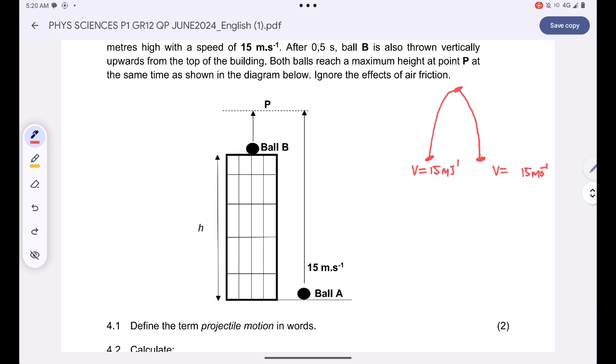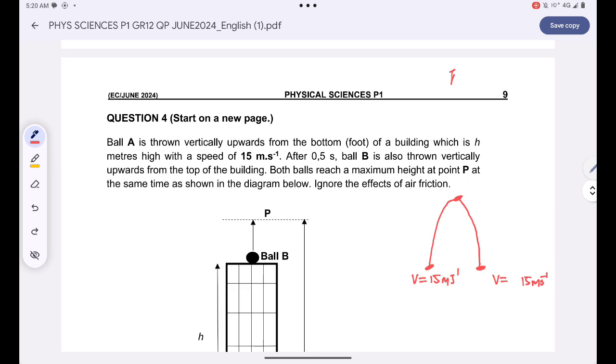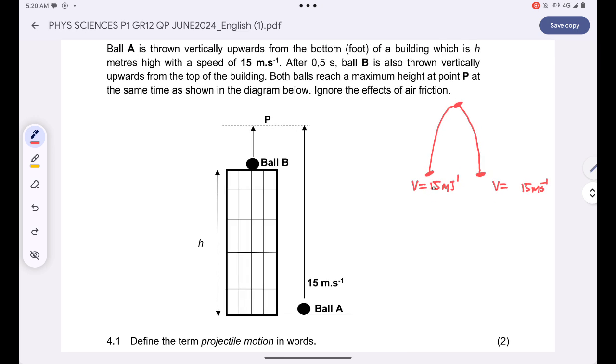But in vertical projectile motion, we do not deal with speed, we deal with velocities, and velocity should have both magnitude and direction. Let's say for this question, we choose upwards as positive. That means the velocity at the initial position will be positive, but the velocity when the ball returns to the point of projection will be negative, because the ball is moving downwards.